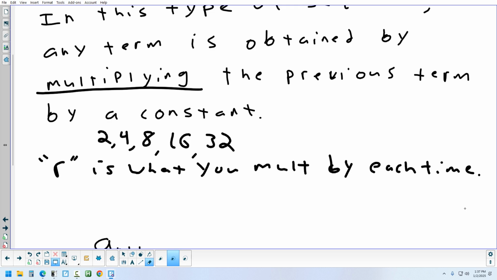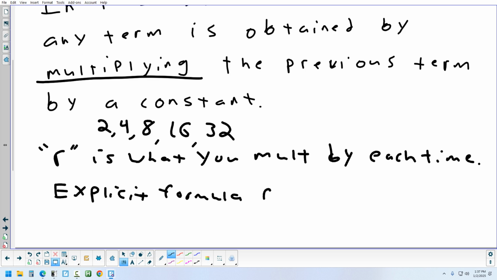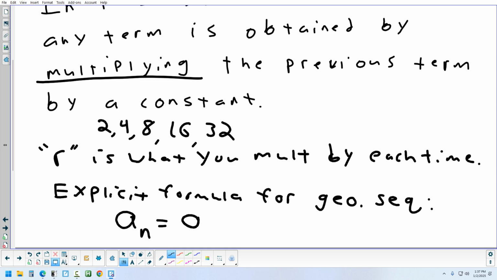All right, and let me show you the formula for that. The explicit formula for a geometric sequence: A sub n equals A sub 1 times R to the n minus 1.